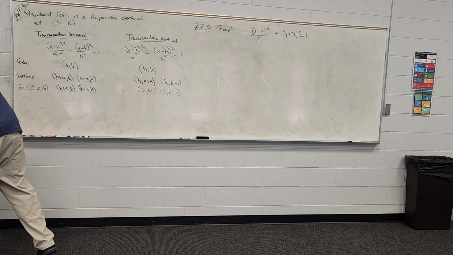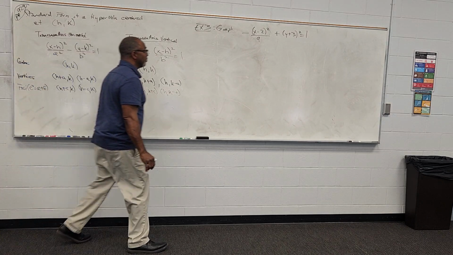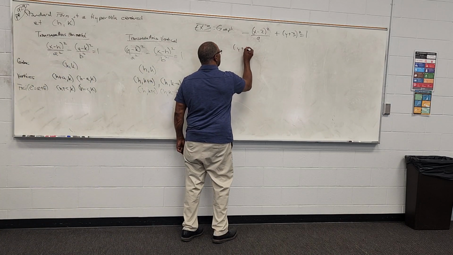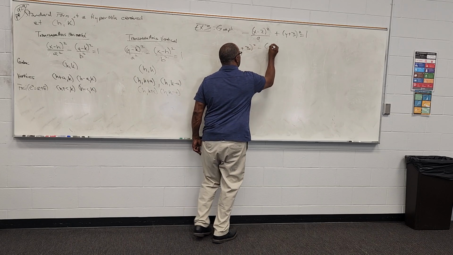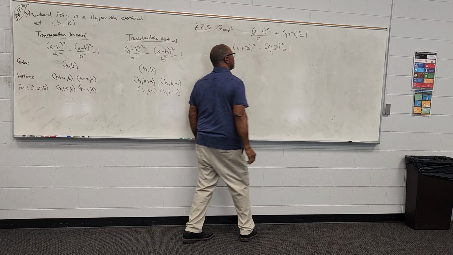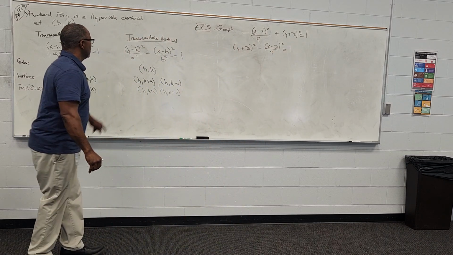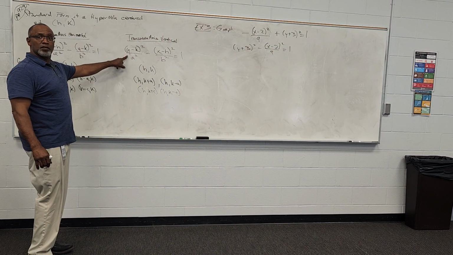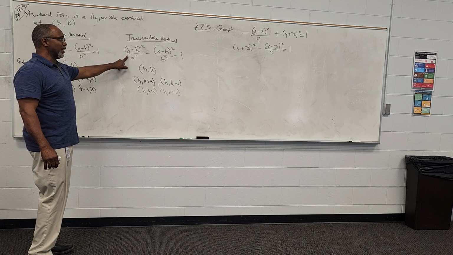Well, the first thing I'm going to do is turn that around and write it y plus 3 squared minus x minus 2 squared over 9 equals 1. Okay? And it now looks like that.